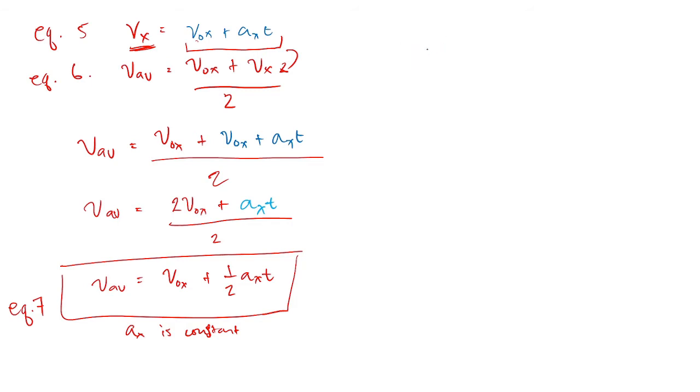Say a car is moving for 10 seconds, then its initial velocity, or our v naught x, will be, let's say, 2 meters per second. Then we have here our acceleration. Our ax will be, let's say, it is accelerating at a rate of, say, 1 meters per second squared. So what will be your average velocity?